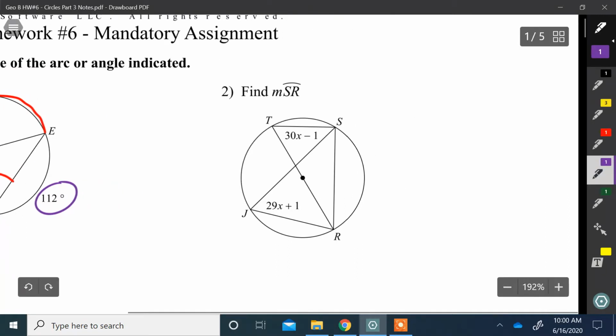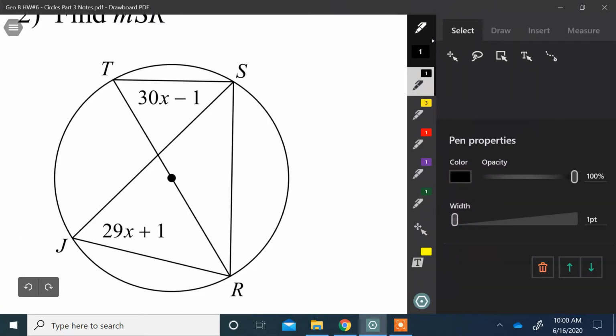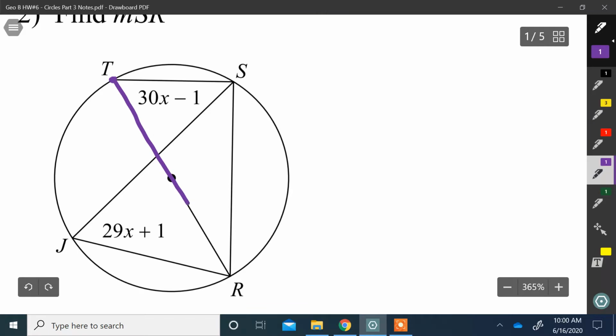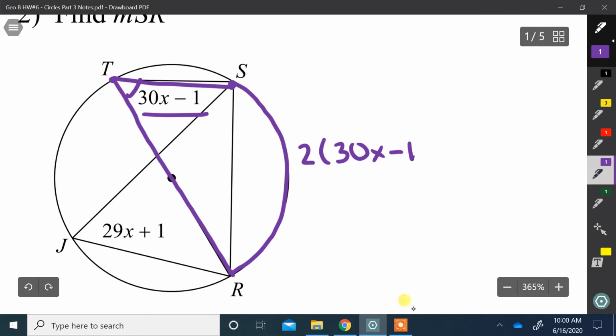I'm gonna go ahead and do number 2 because this one is actually more difficult to do, as you can see. Well, this is saying right here, remember we're gonna use the same formula, that if this is that right there, then this is twice as that. So it's 2 times 30x minus 1.